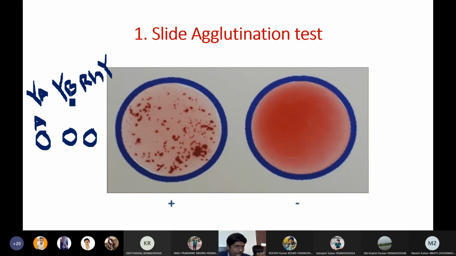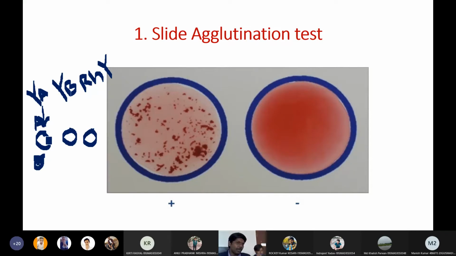Instead of antibodies, we say anti-sera. Anti-sera contain antibodies only. In the reagent bottle, we have the yellow reagent and blue reagent, and that reagent contains antibody, students. When I add A antibody to the blood, if it has A antigen, the A antigen will bind with A antibody and they will clump.